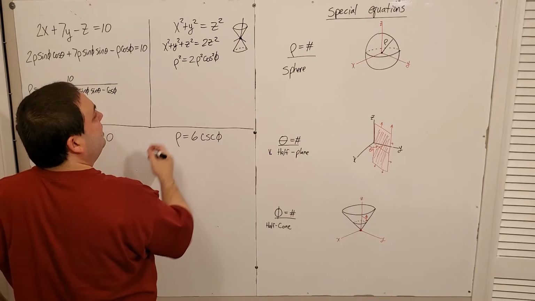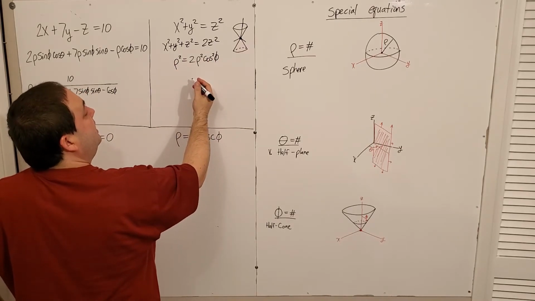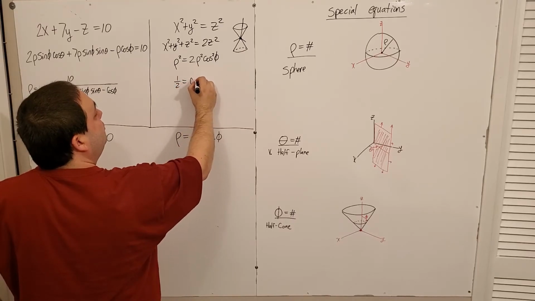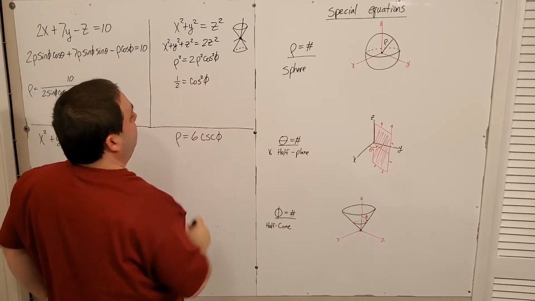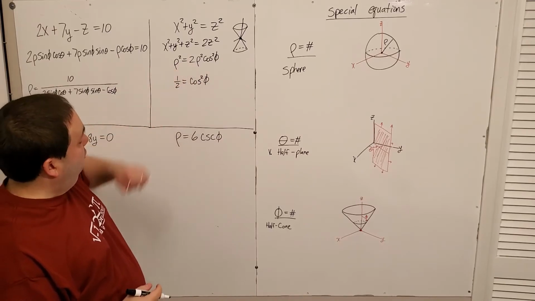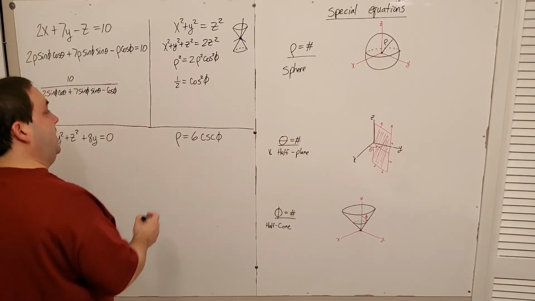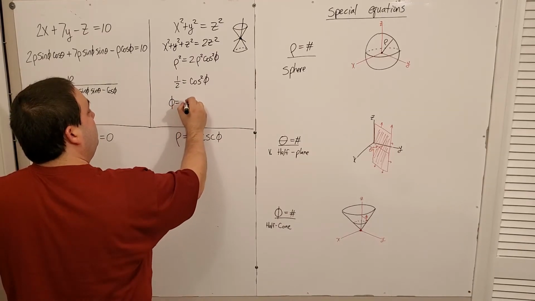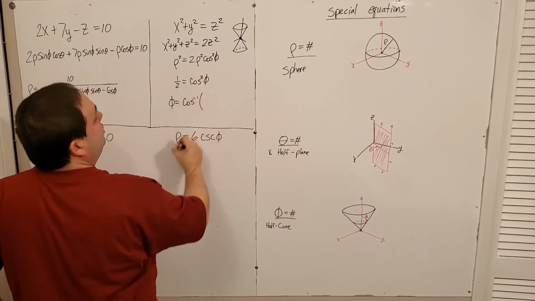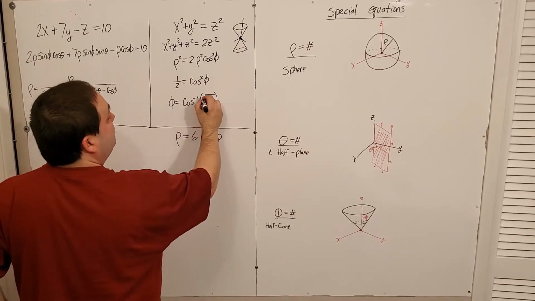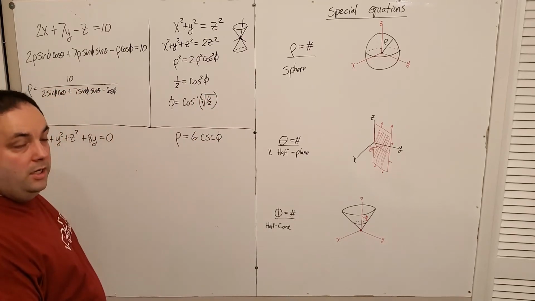Basically, what's happening here is that I'm going to be able to show that 1/2 is equal to cosine squared phi, right? Just by using some division and factoring. And what this means is phi is equal to the inverse cosine of plus or minus the square root of 1/2, right?